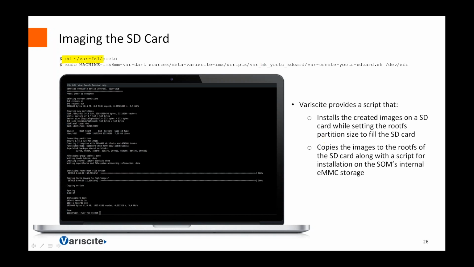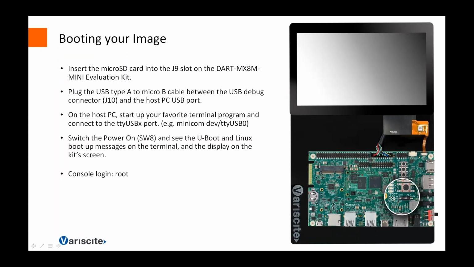We provide the instructions in our wiki. This is the one that we use by default to create the recovery SD card. On the wiki, you will find some additional options that may be useful. But what's going on is that in the end, you will have a recovery SD card that you can plug into our evaluation kit and just power on.